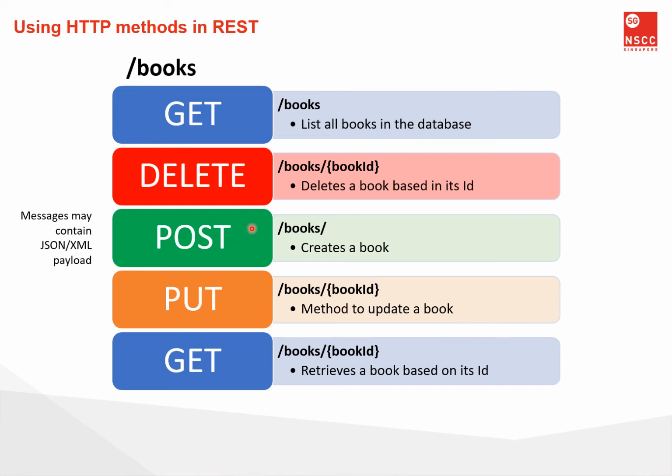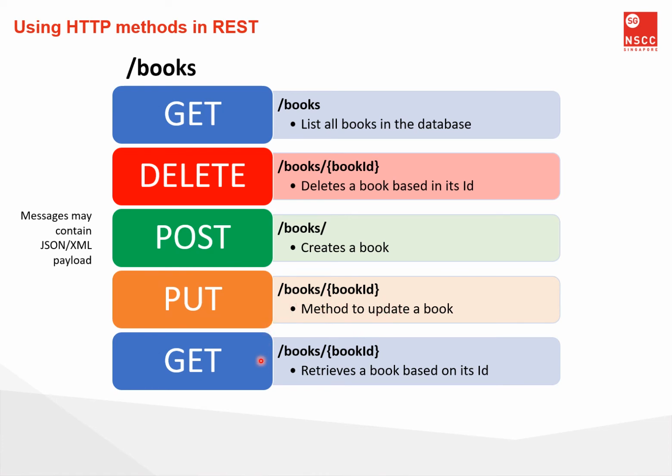If I want to create a new book, I would call a POST with the information about the new book to /books, and this actually creates the book. And if I want to update, I would call /books followed by the ID of an existing book, and this will do the update by calling the PUT method.